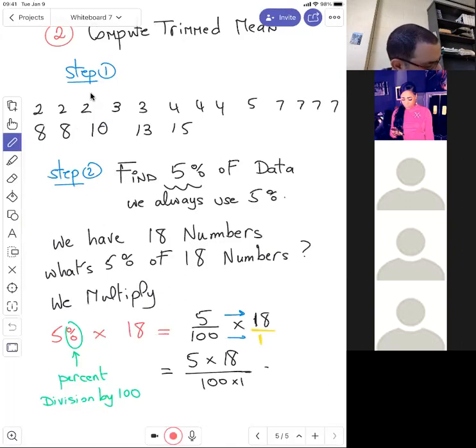So this is just 5 times 18 in the top over the 100 in the denominator. If you have, say, 40 numbers instead of 18, we multiply 5 by 40 over 100. Here we have 18 numbers, so we multiply the 18 by 5, and then we divide by 100.